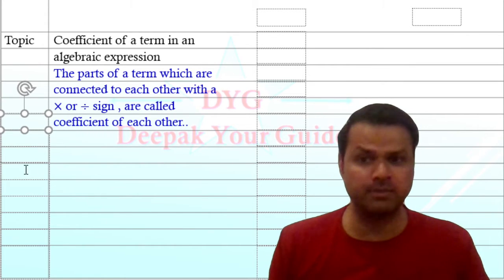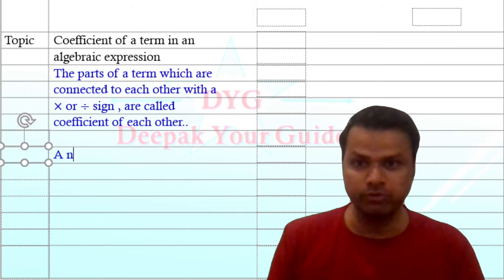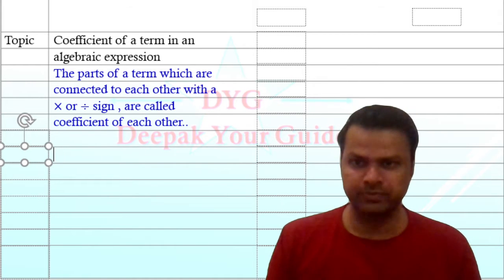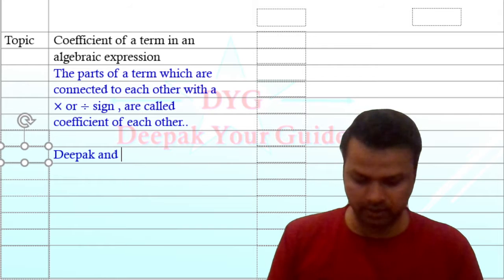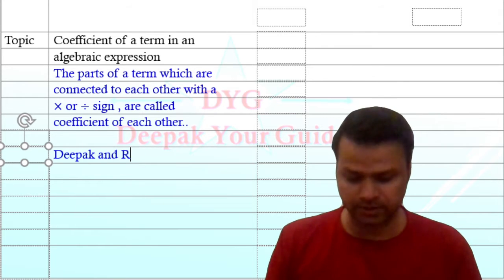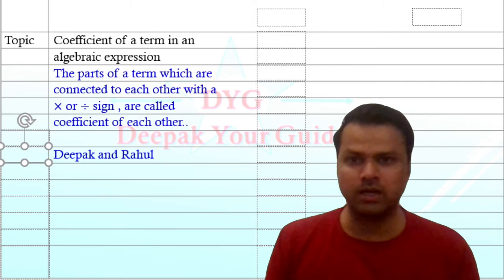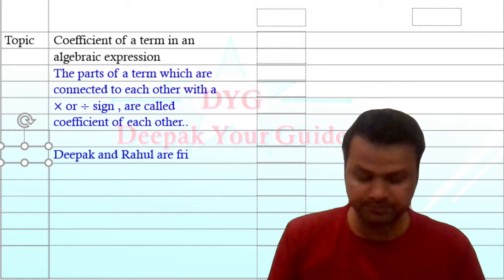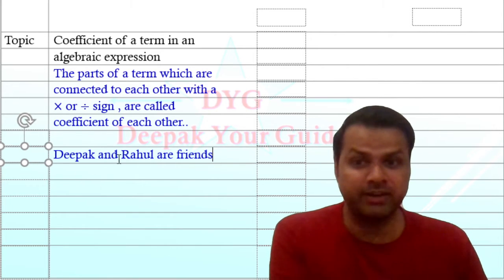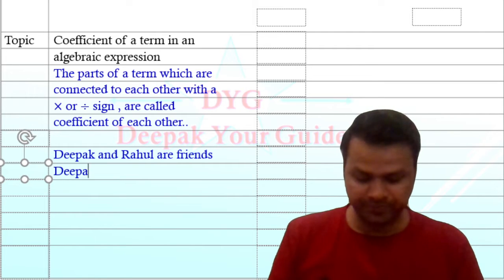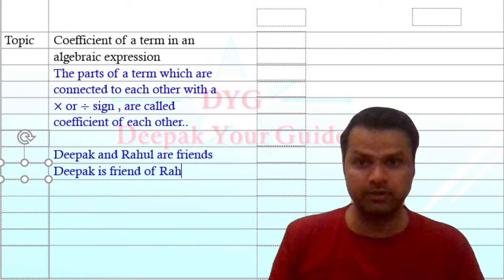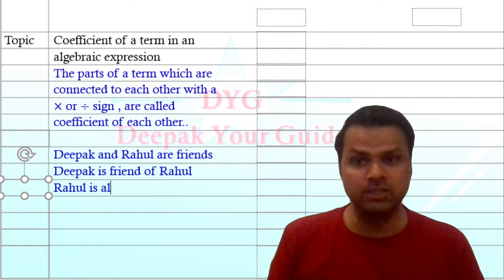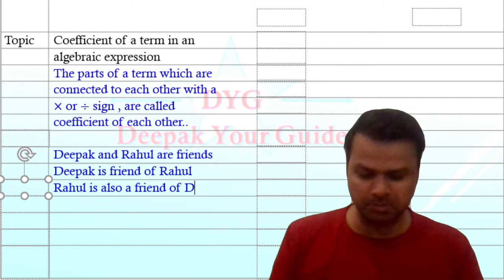Now let's try to understand it with an example. Let's say Deepak and Rahul are two friends. If I say that Deepak is a friend of Rahul, that simply means that Rahul is also a friend of Deepak.